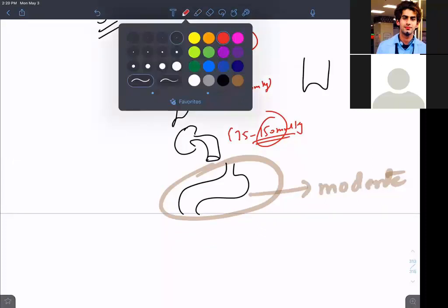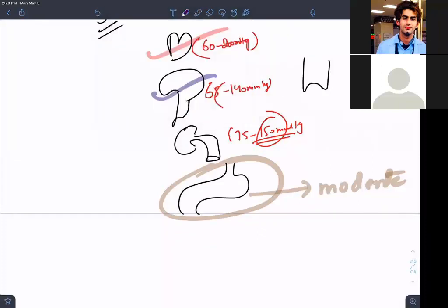Which of the following has the least autoregulation? Skin. Skin has the least. That's how they will play with the words. Now, if they ask who has no autoregulation, it's lungs. Who has least autoregulation? Skin. Who has highest autoregulation? Heart. Is it clear?